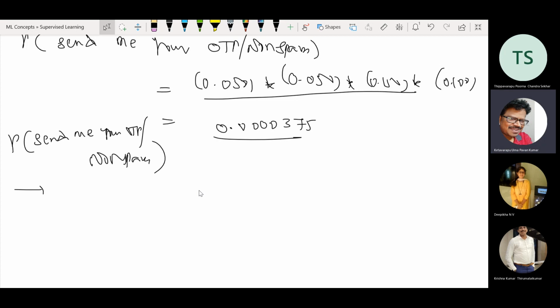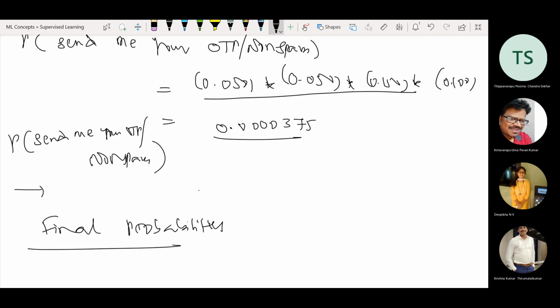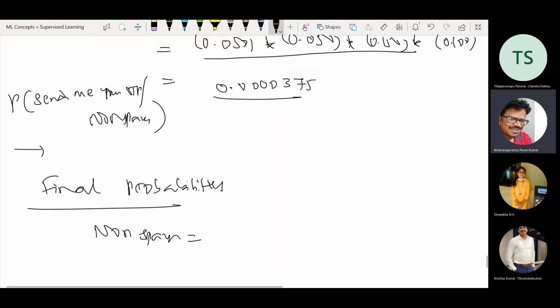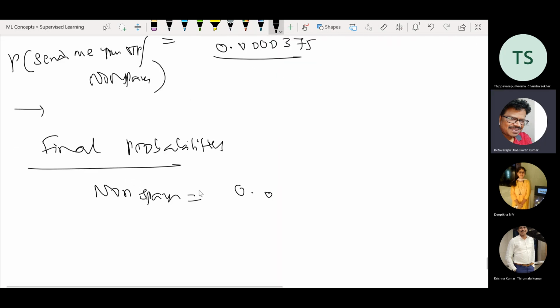Now we need to compare, as step 3. We actually have this other step after completion of this. Now we need to observe the consideration of the probabilities. So which are the final probabilities, friends? Just now, for the non-spam category, we got the probability as 0.00004375.